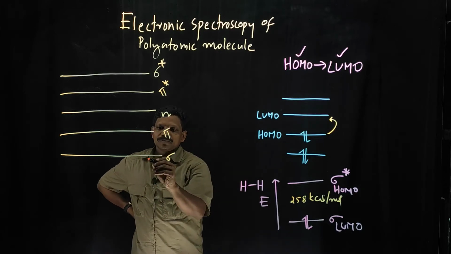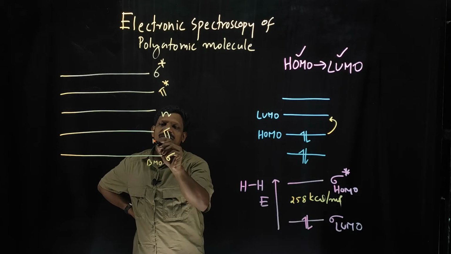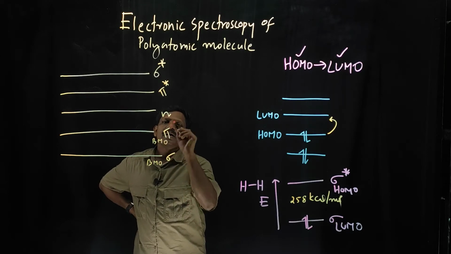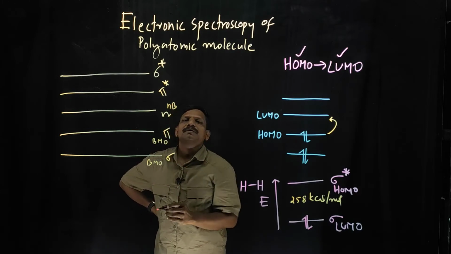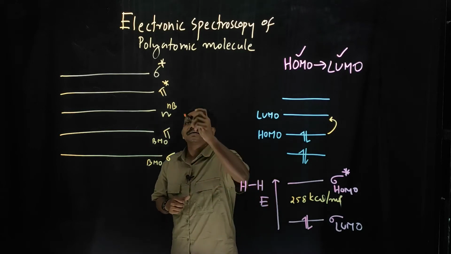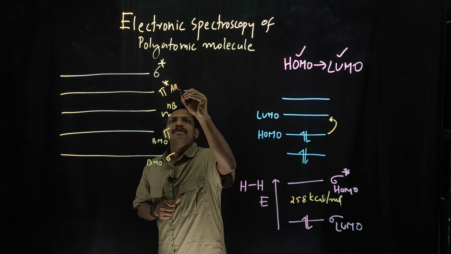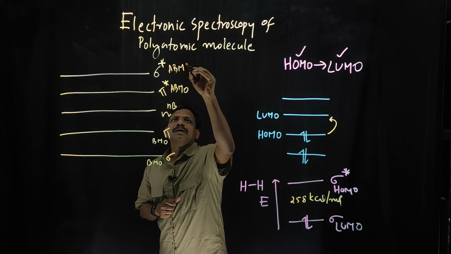This is the bonding molecular orbital, this is also a bonding molecular orbital, and this is the non-bonding molecular orbital, the non-bonded electrons. This is ABMO, the anti-bonding molecular orbital, and this is also ABMO.